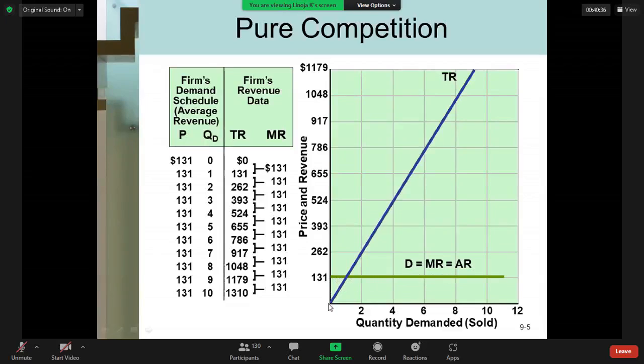And then you need to mark the total revenue, which has certain values, right? 131, 262, 393. Likewise, for zero amount it is 0, then for 1 it is 131, then for 2, 262, and for 3, 393. Likewise, you have to plot, and you will be getting a continuous graph.